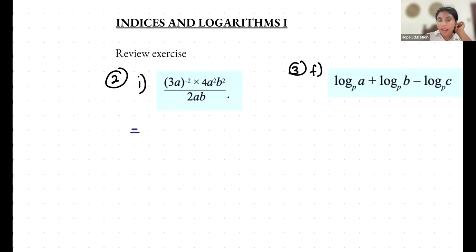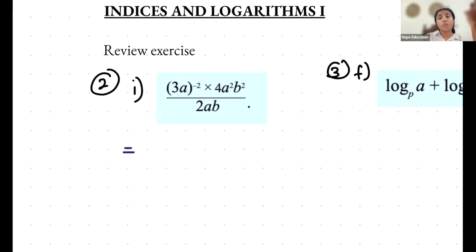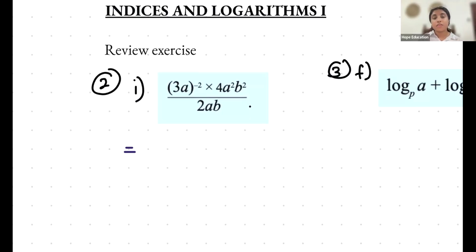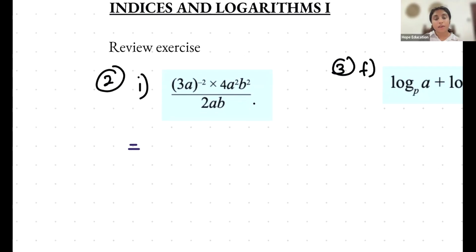Here, 3a to the power minus 2 multiplied by 4a squared b squared, divided by 2ab. Here 3a to the power minus 2 means the 3 gets minus 2, and a also gets minus 2.